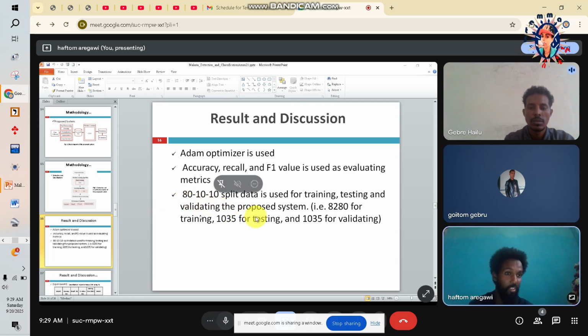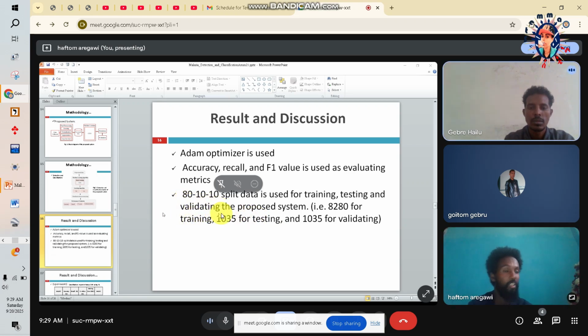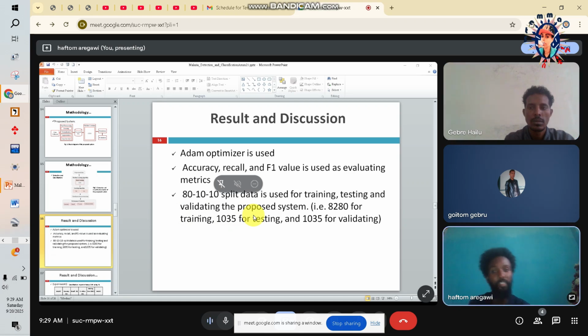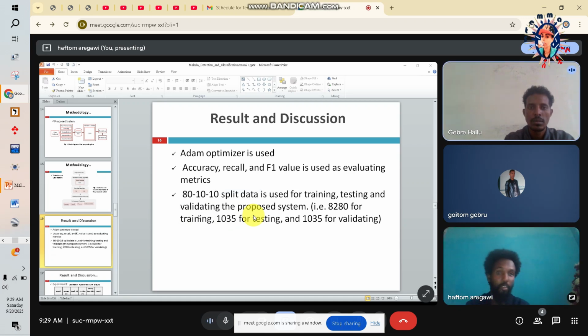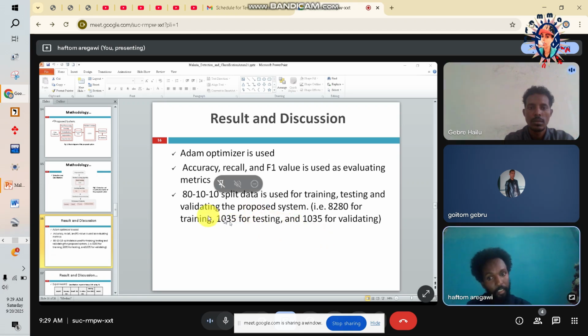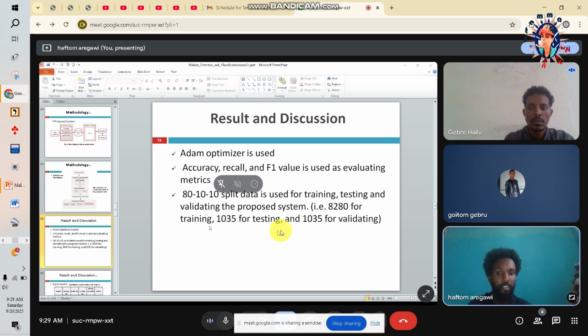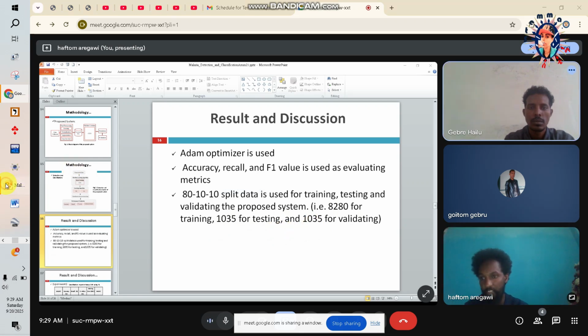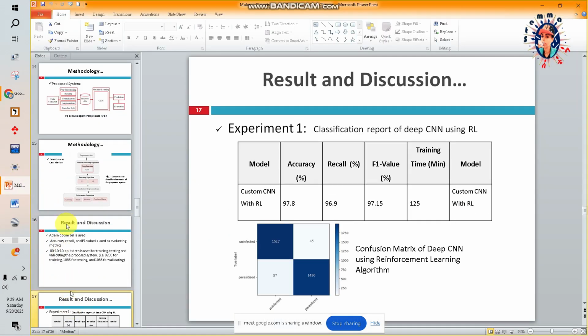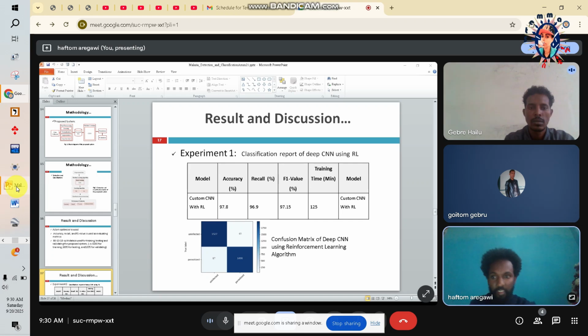Most of the researchers use around 10,000 data collected from the hospitals. Then 80% for training, then the result.